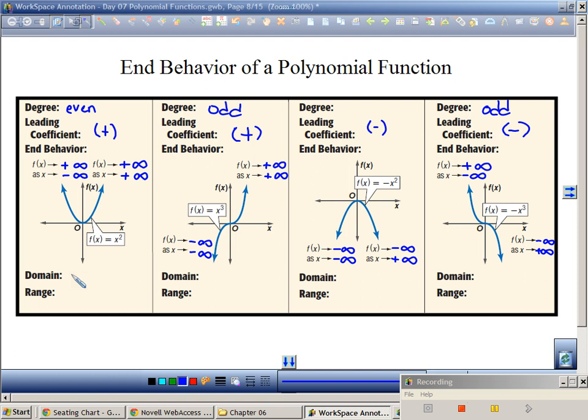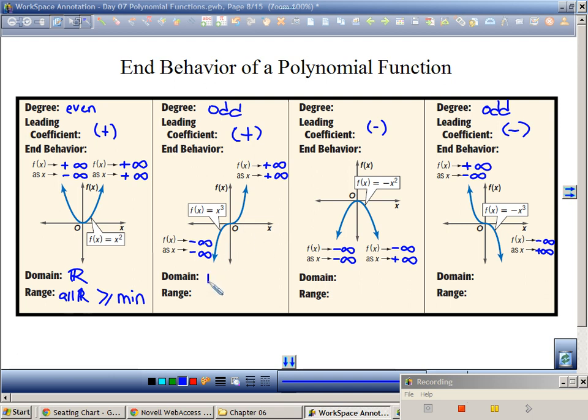All right, what's my domain of this one? All real numbers. And my range is also all real, where my function, how did I write this one? Where my function is greater than or equal to my minimum. What about this one?